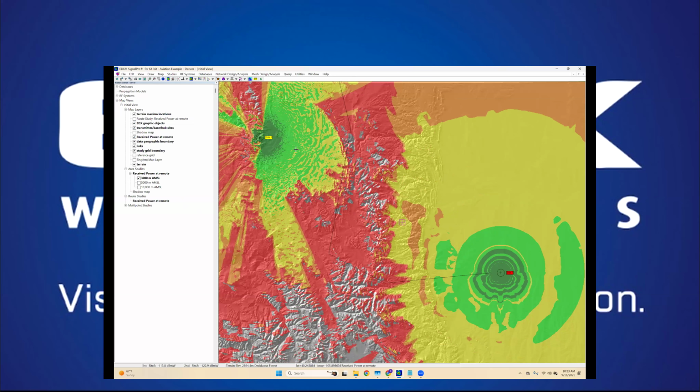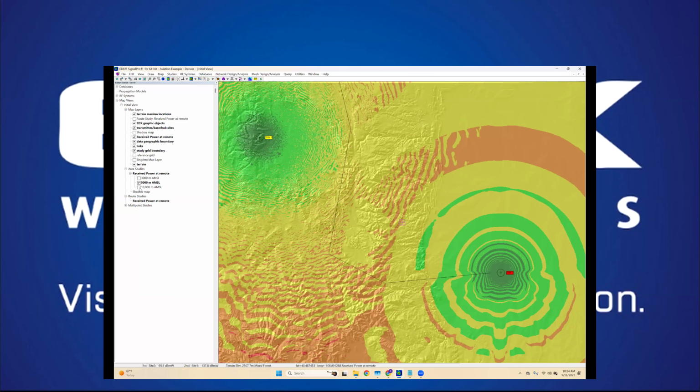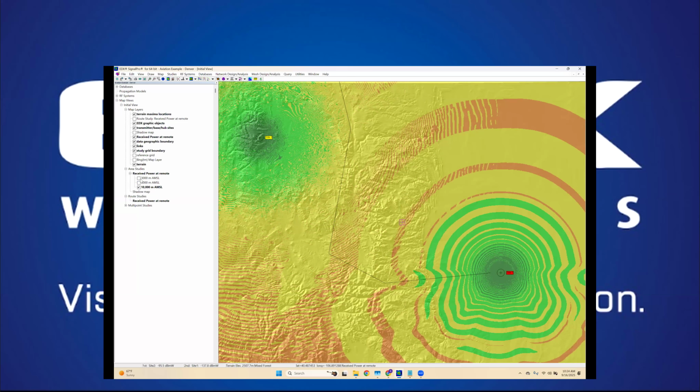And you can see if I get down to 3,000 meters here, there are places where we can't actually connect back to either of these towers here. But then if I just get a little bit higher up, now you can see where I do have line of sight. And this is for our ACARS systems or telemetry to test aircraft and things like that. This is typically the sort of planning we would see.